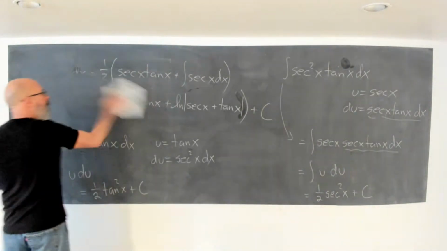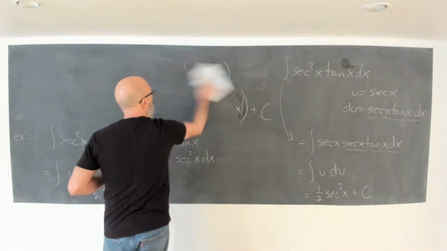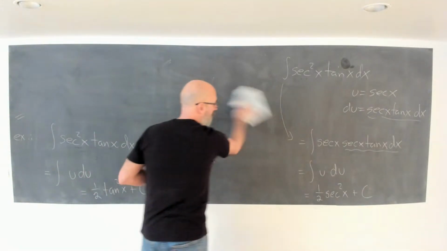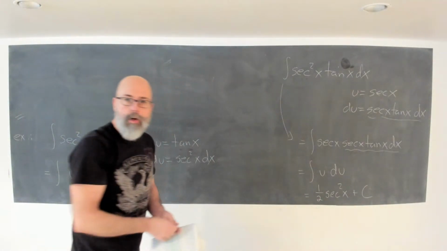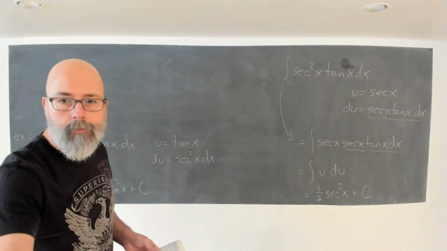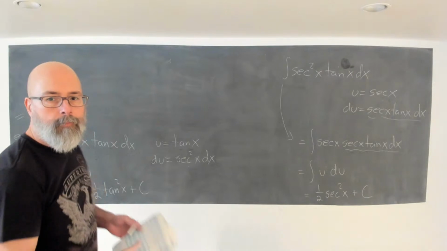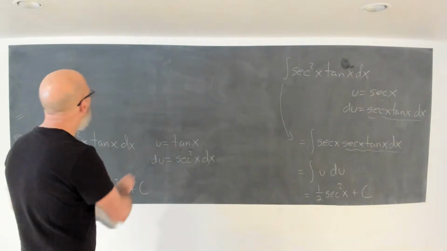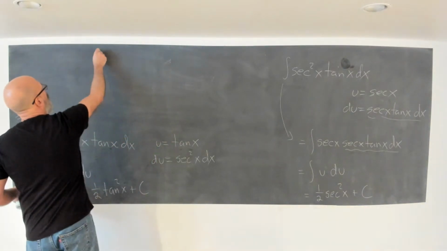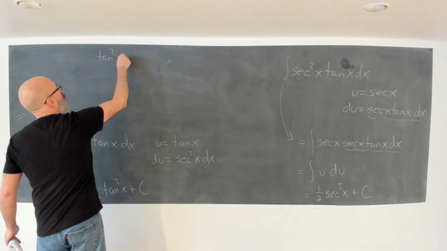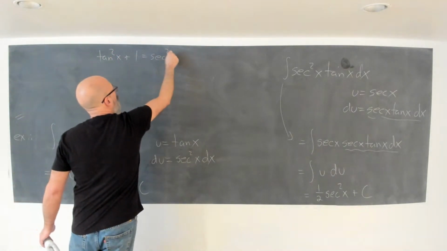But they are, right? These answers agree because we know that tangent squared plus 1 is secant squared.